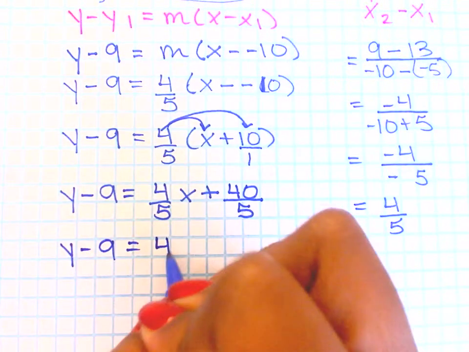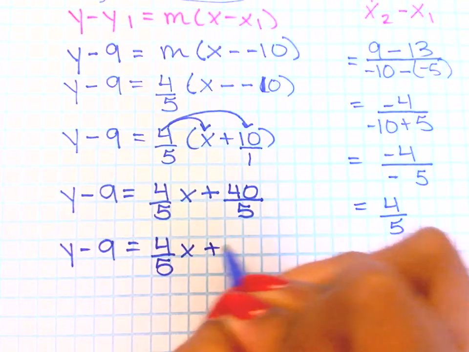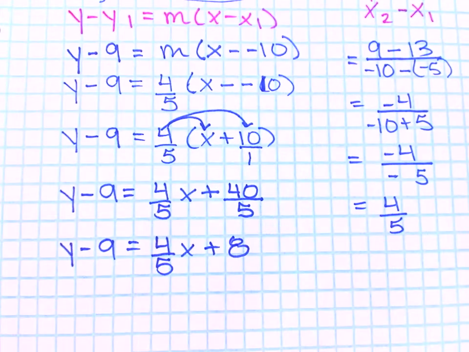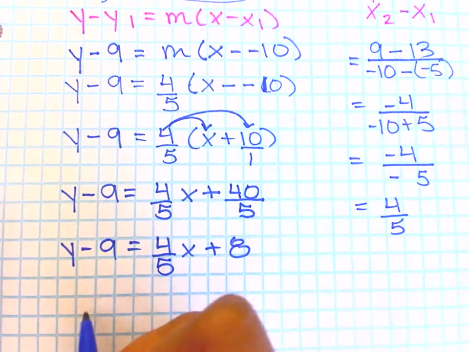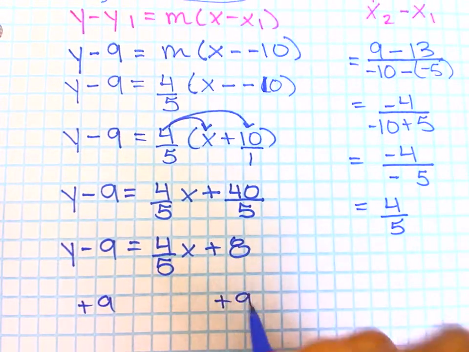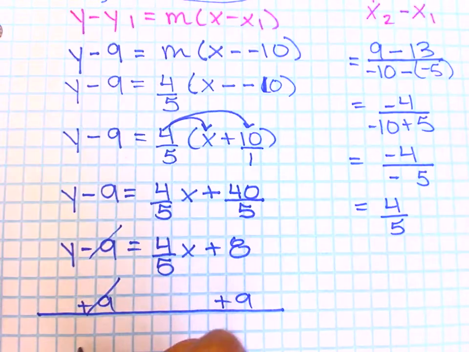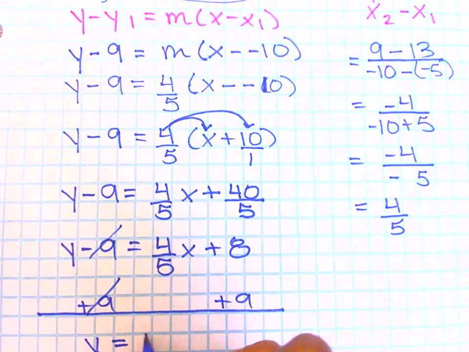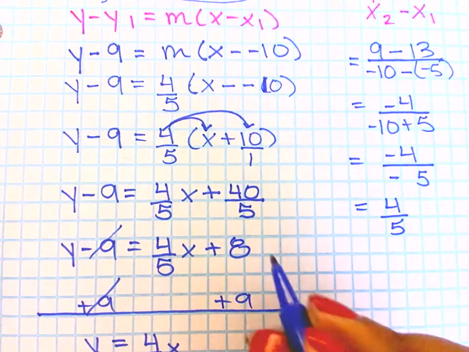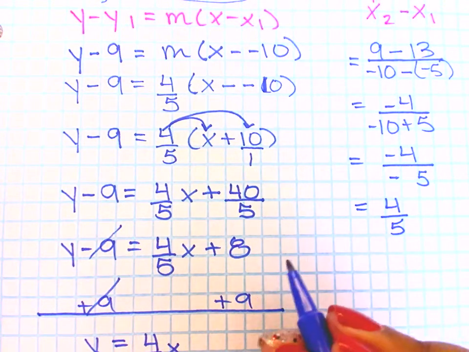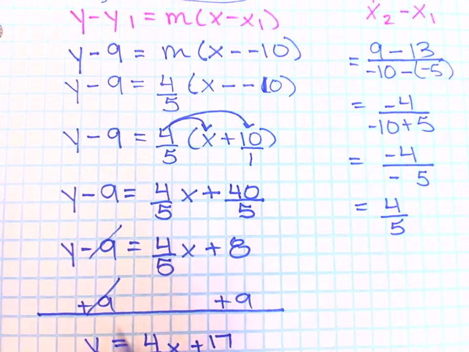Good. So I have 4/5 x plus 8. Is that in slope-intercept form yet? No, I have to add the 9 on both sides. You're almost there. Negative 9 and positive 9 cancel. Y equals 4/5 x, and 8 plus 9 is 17. And I'm done.